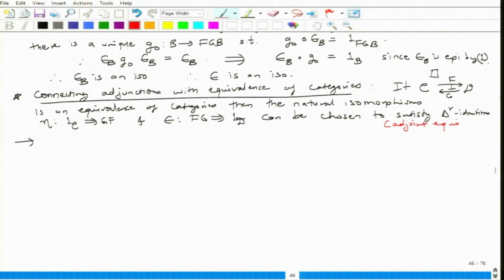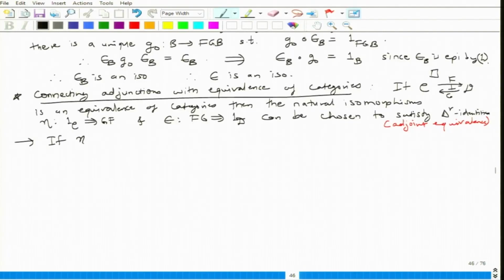It's an adjoint equivalence of categories, between categories. Okay, so here I'm just going to give you a sketch of the proof. You can complete the proof. It's some diagram chasing and commutative diagrams, so yeah, you should do that.